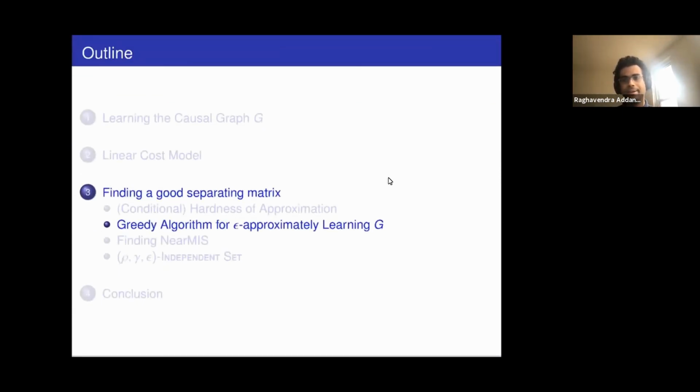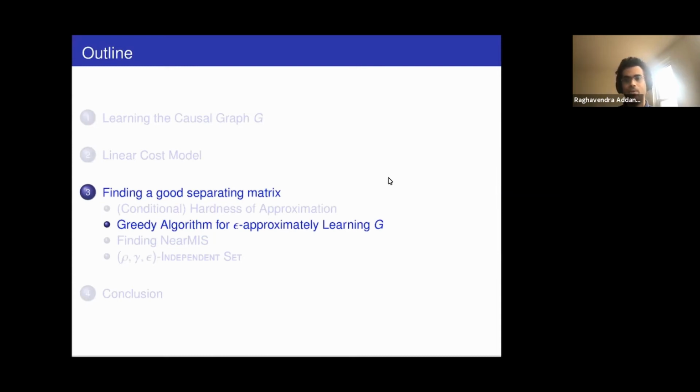So far we have seen that this problem is log n hard. It has a hardness of order log n, and then we have seen a simple algorithm that obtains this factor. Now, how do we get a constant factor here? For that, we'll have to relax our goal, and we'll look at epsilon approximately learning a graph.